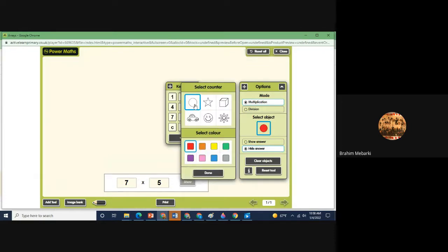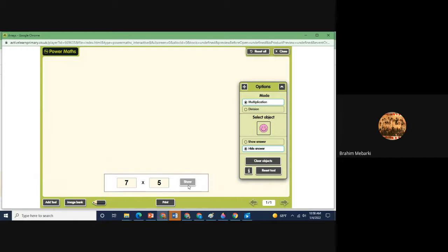You can use flowers when you are drawing your array. You can use a happy face, a car, star, cube, circle, square, triangle. Let's use this happy face.